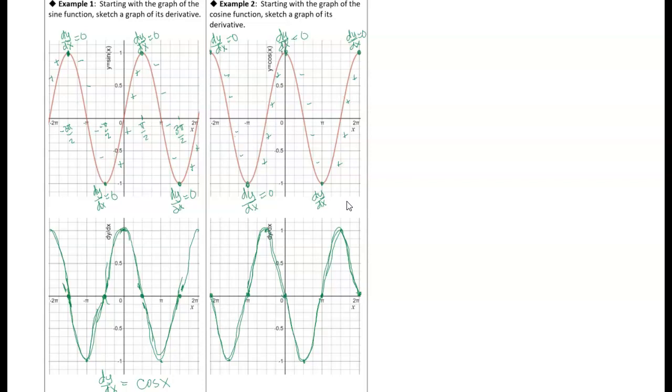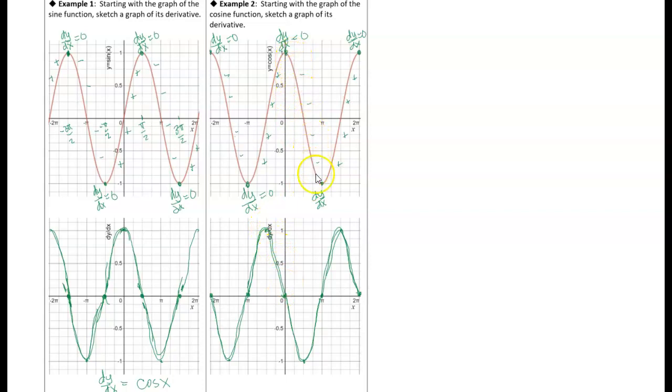And then if the slope is decreasing, then we're below the x-axis, right? So down here the slope is decreasing, and our graph of the derivative is below the x-axis. Here the slope is increasing from negative pi to 0, so our graph is above the x-axis.